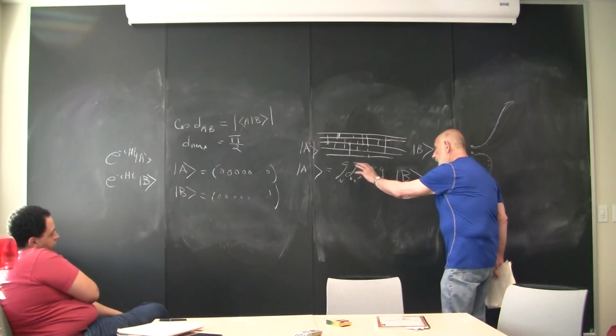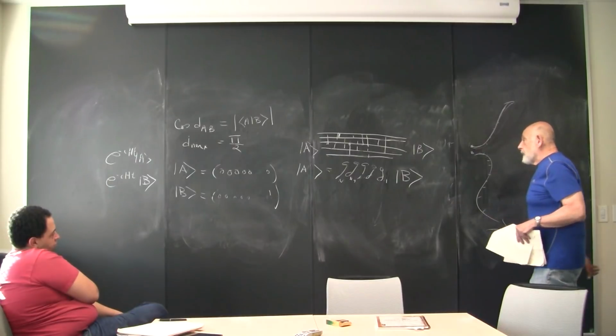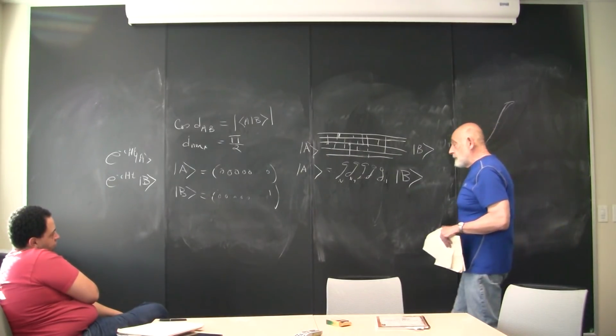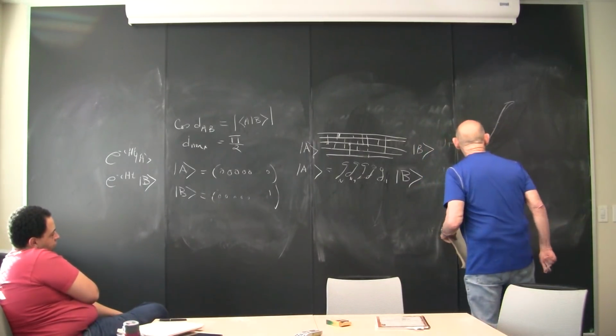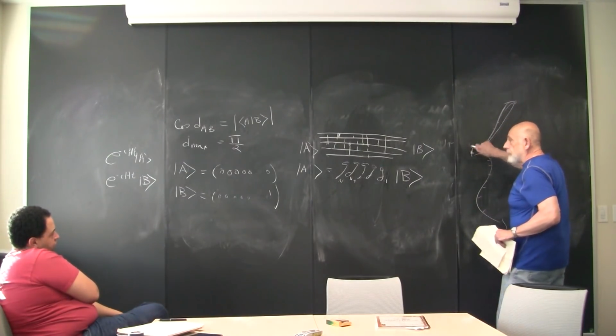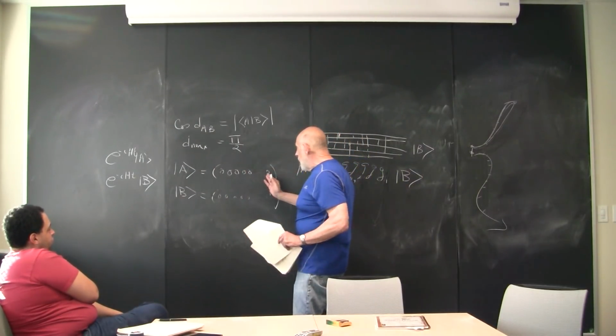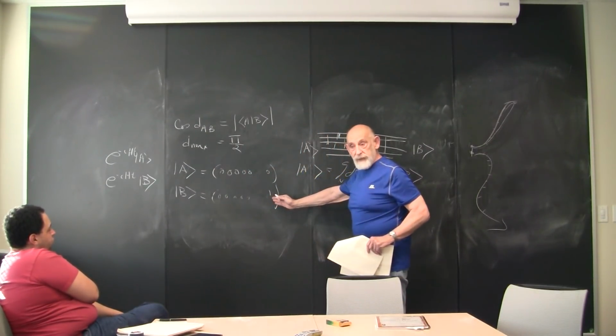You go from B to A by inverting this operator, which has the same number of gates, and so the relative complexity of A and B is symmetric between A and B. All right, you can run back from here to here. Now, it takes one gate in this particular case over here. Once you've run back to A, you can make a 1-qubit gate to go from here to here.